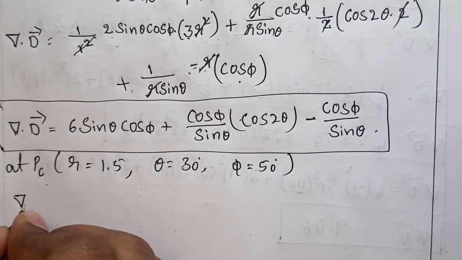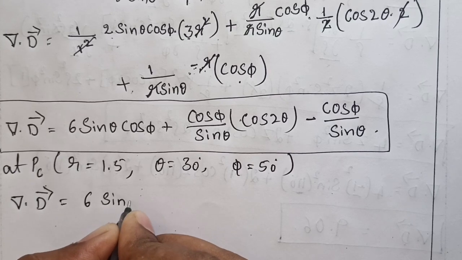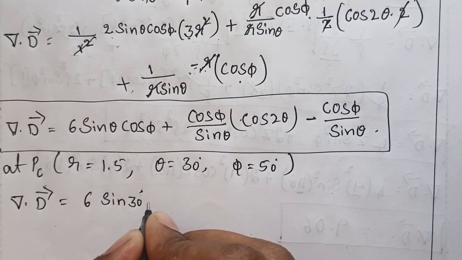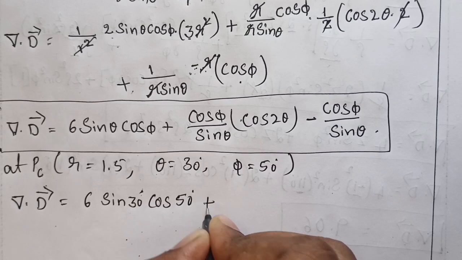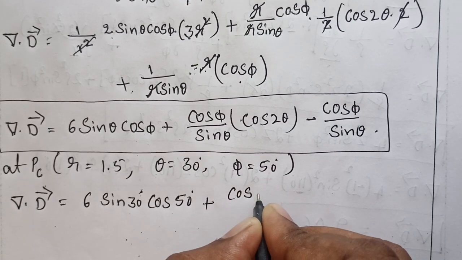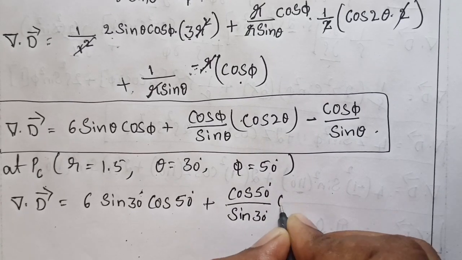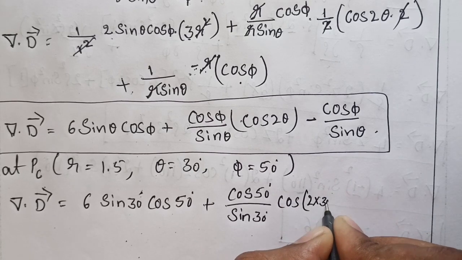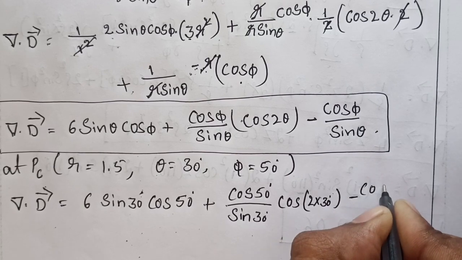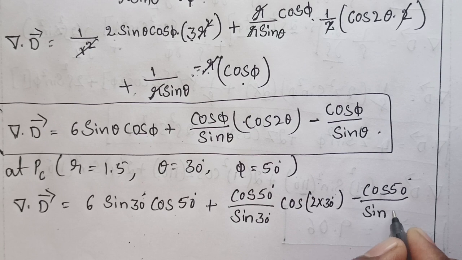Therefore del dot D equals 6 into sin 30 degrees into cos 50 degrees, plus cos 50 divided by sin 30 degrees into cos of 2 times 30 degrees, minus cos 50 degrees divided by sin 30 degrees.